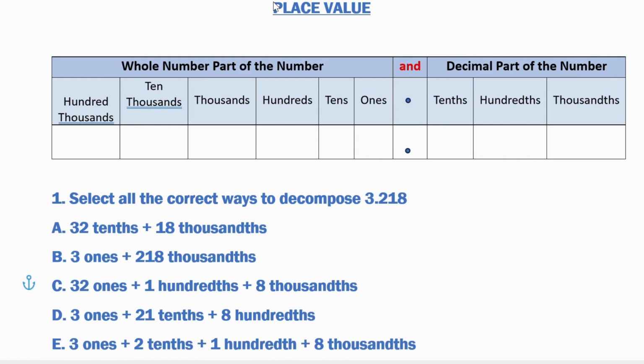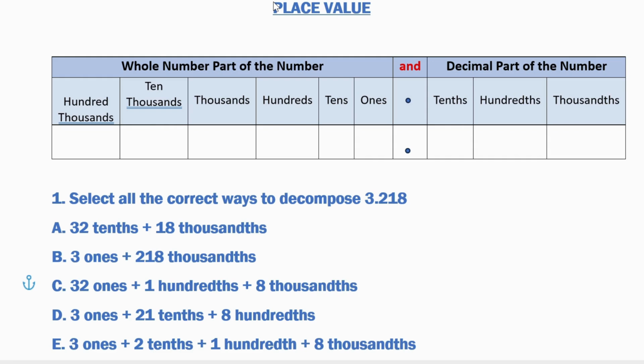On this test type question, we have select all the correct ways to decompose 3 and 218 thousandths. As you can see up top, we have our place value chart. So choice A says 32 tenths plus 18 thousandths. I'm going to start with that 32 tenths, and I notice you can only fit one digit in a place value.